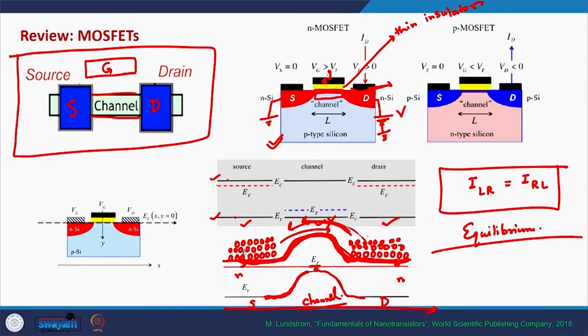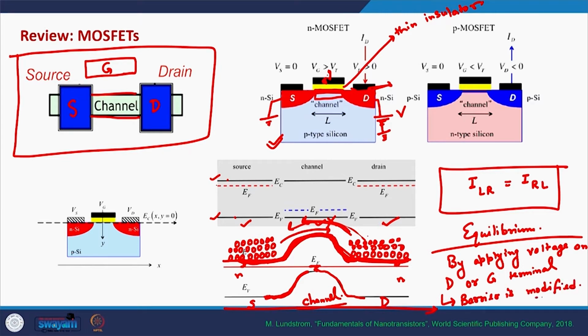So by applying voltage on the drain or gate terminal, the barrier is modified, and that's how net electron flow starts in the device.